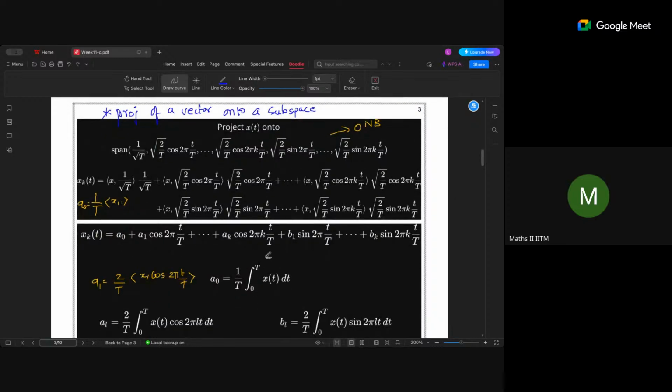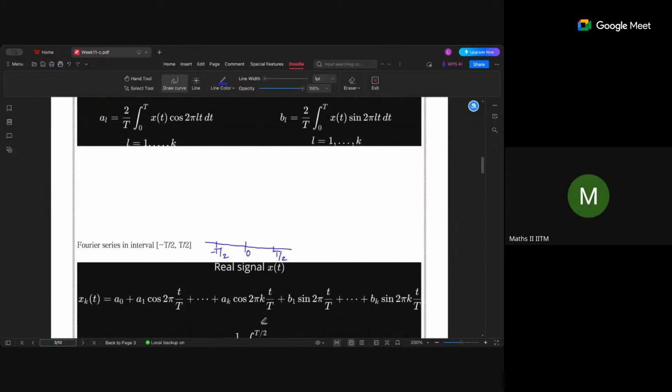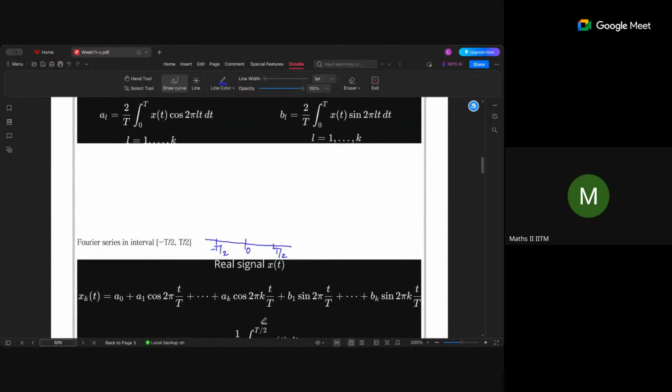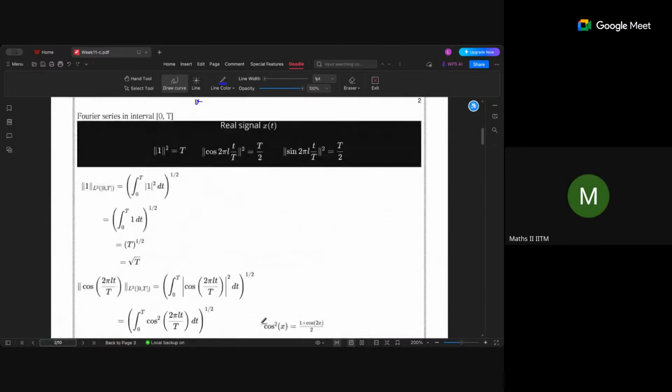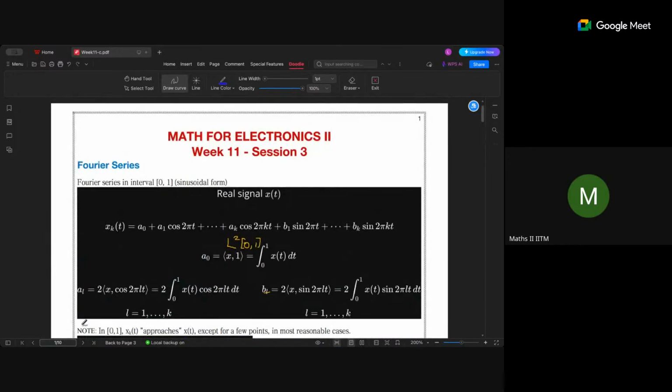The other thing you need to know is what the capital L2 norm is. In capital L2, you should know how the inner product is defined and how the norm is defined. If you know these two things, you will be able to understand it clearly. So that's all in week 11.